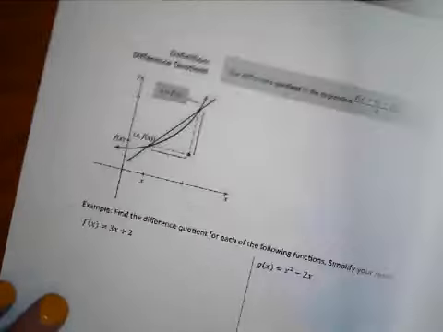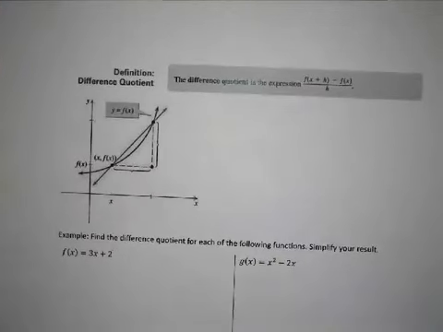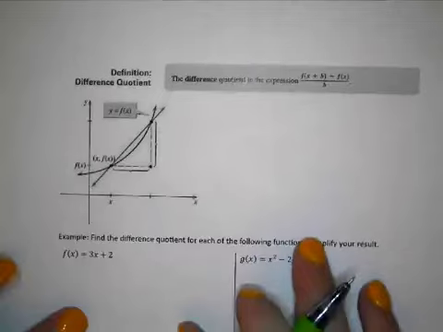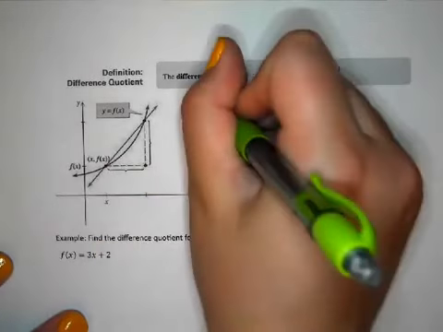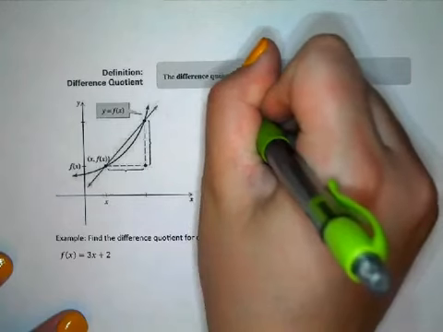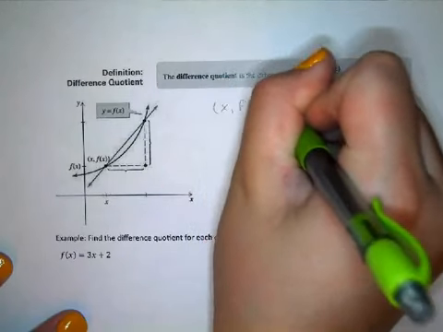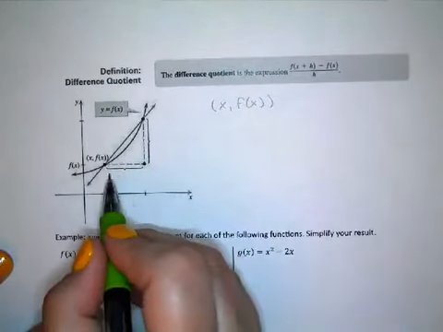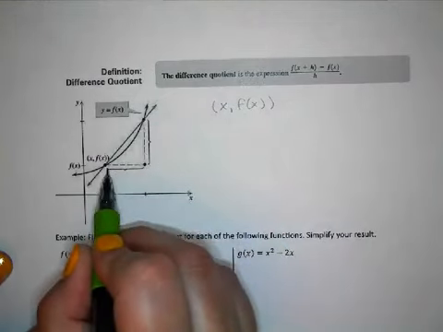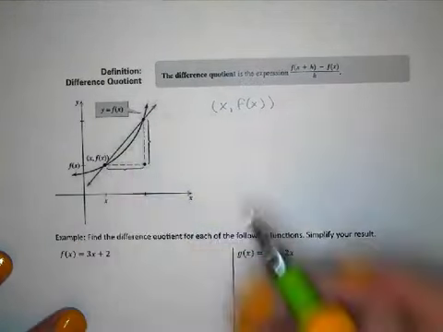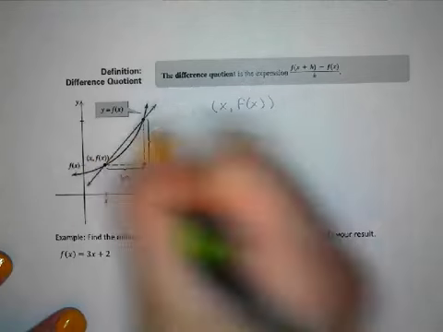Now, the way that we use this in pre-calculus is this way with the difference quotient, and I'm going to show you how we find that. So we're going to do the same thing. We're going to say we have one point, x, f of x, and we have a second point. That point is over here, and it's some unknown distance away from x. I'm going to say that this is a distance of h.